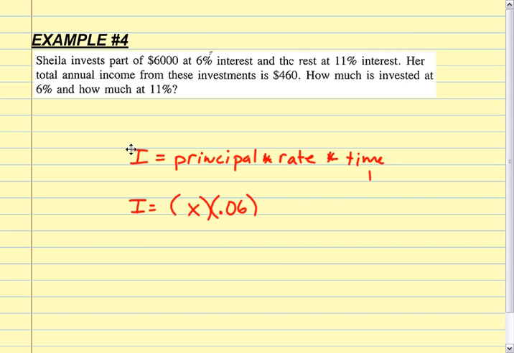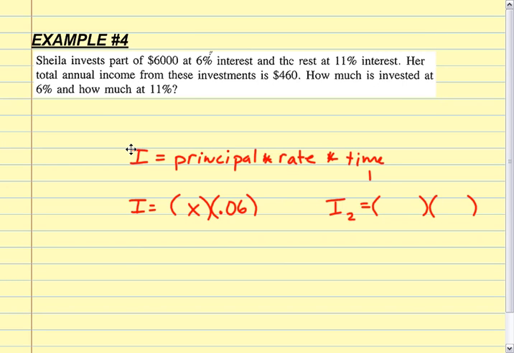Now, can you tell me, I'm going to put a little 2 down there, and that means the interest from the second investment. How much did I invest at that percent? 11%. It's at 11%, right, but how much did I invest at that? Can someone figure out something that I would put in there?